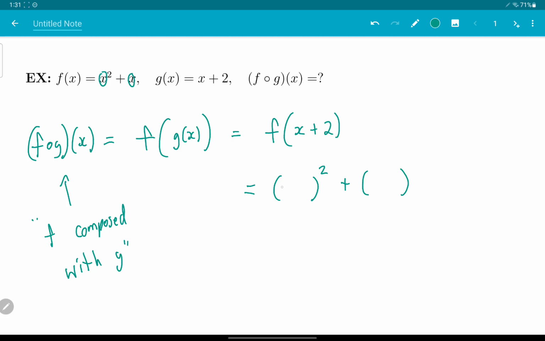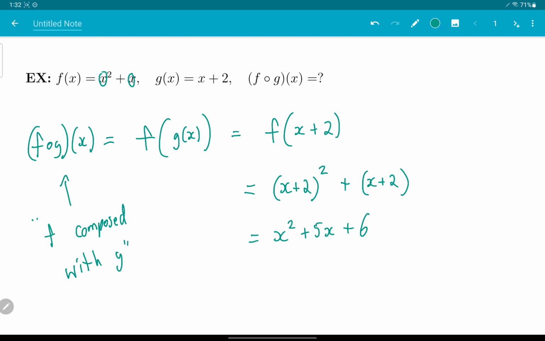And instead of x, we're putting x plus 2. Okay, and you can work this out. What do you get? You get x squared plus 4x plus 1x is 5x. And then 4 plus 2 is 6. So, composition of functions. Sounds fancy, but it's just plugging one function into the other.